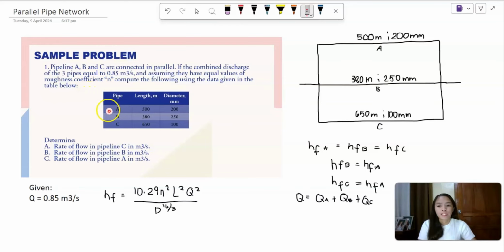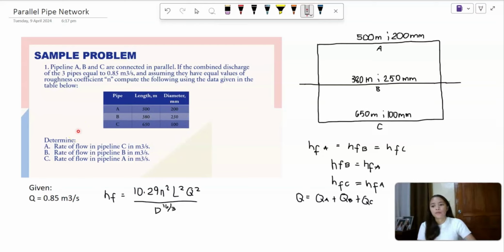For pipe A, the length is 500 meters and its diameter is 200 millimeters. For pipe B, we have 380 meters in length and 250 millimeters in diameter. For pipeline C, we have 650 meters in length and 100 millimeters in diameter.